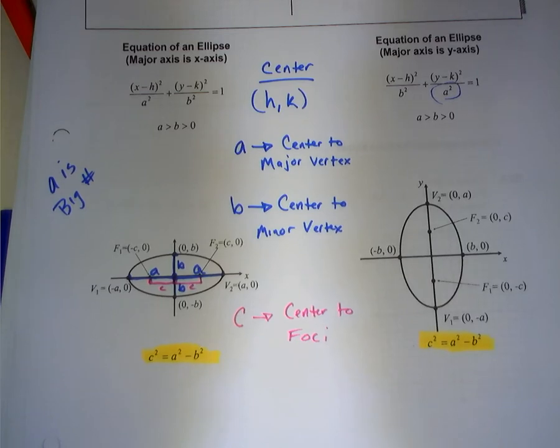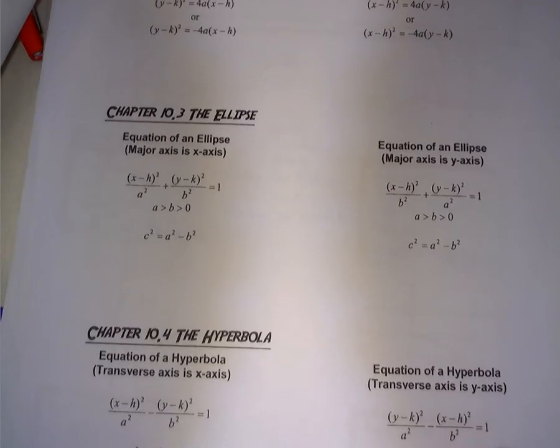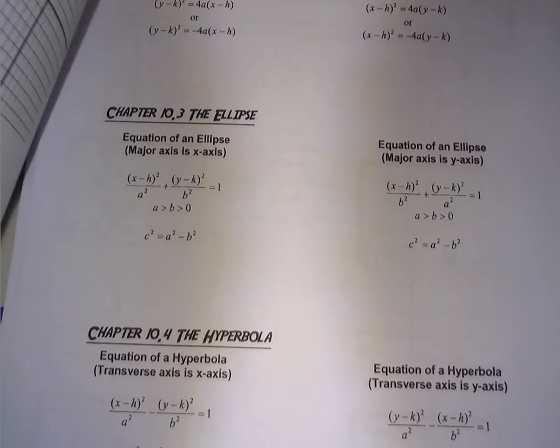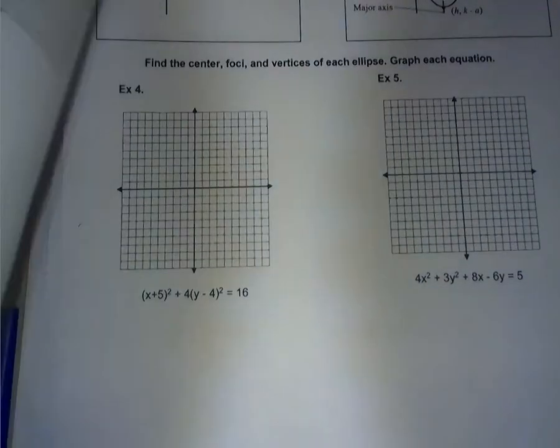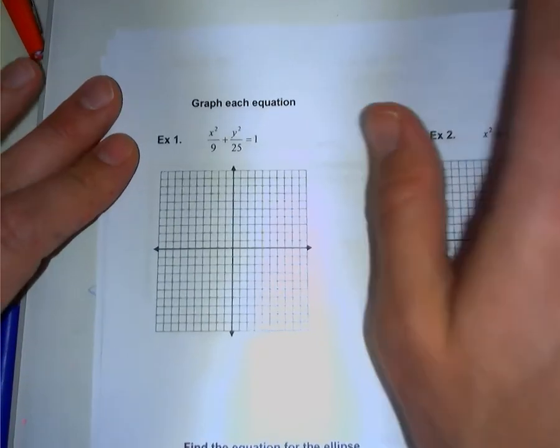Okay, if you look at the front of your notes packet, you guys have all of these formulas in here. Okay, so if I look at my formula sheet, there they are right there. Okay, this is where you might want to go off to the side and say, hey, what's a, what's b, what's c, and which way are they stretched? So here we go. I take a look. Example number 1. Let me zoom in a little bit here.